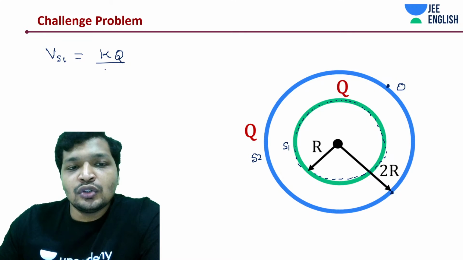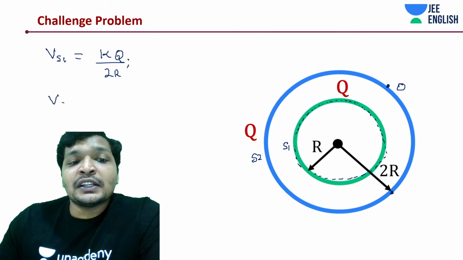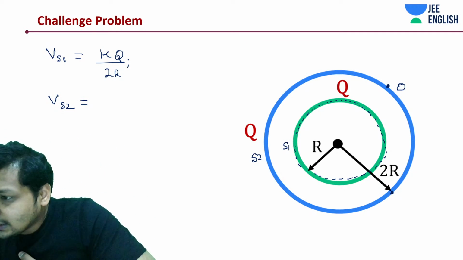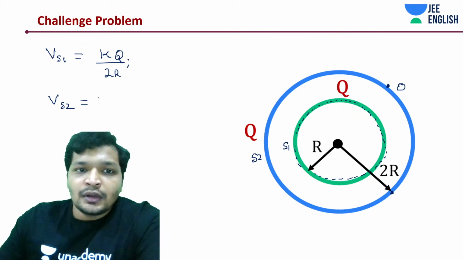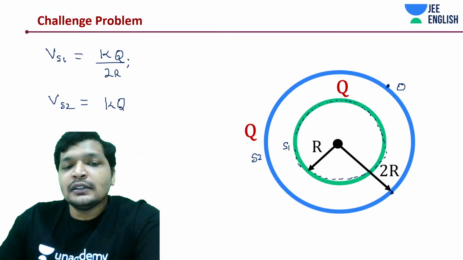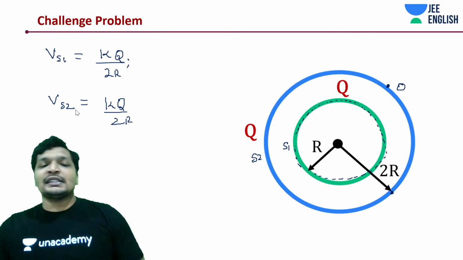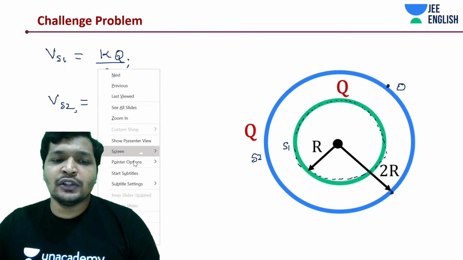Now we need to find the potential due to S2, which is very simple. It's going to be KQ by 2R again. Why? It's on the surface. It's going to be the same as the earlier one due to sphere 2.